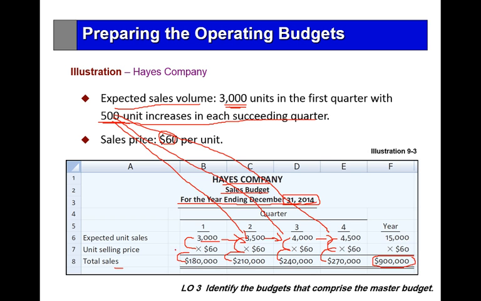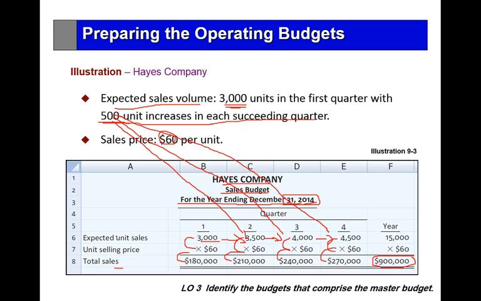This is the first budget for his company, and this budget is the starting point for all other budgets, and it's very important to predict these amounts correctly, because any deviation or any variance that is large will cause the other budgets to be unrealistic.